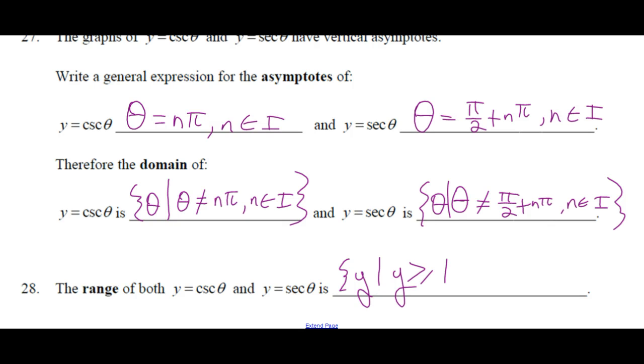Greater than or equal to 1, or it's less than or equal to negative 1? Okay, I'll go you one better. The absolute value of y is greater than or equal to 1. We'll say that, such that y is greater than or equal to 1, or y is less than or equal to negative 1.